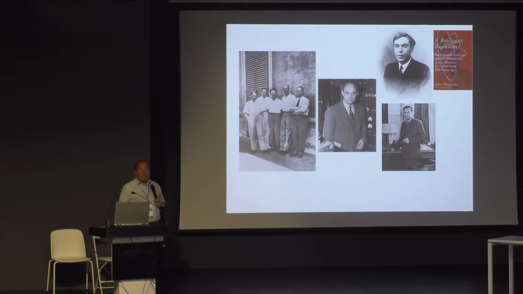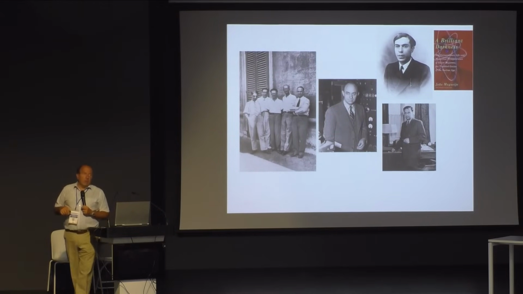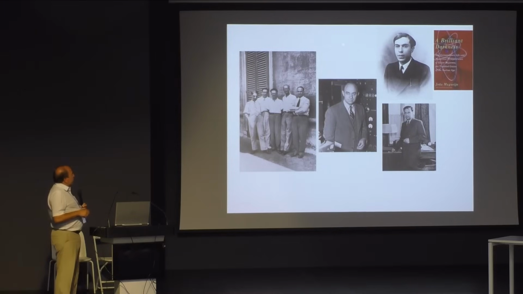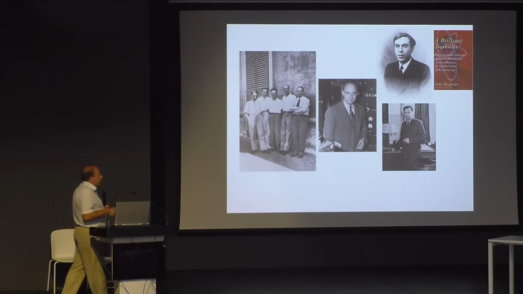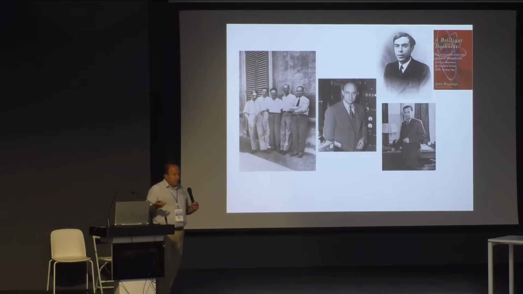One of them, who worked a lot on the mass of the neutrino, was Ettore Majorana. There is a book I will really recommend to you. It is called Brilliant Darkness, and in principle the book presents his life, because Ettore Majorana just disappeared.